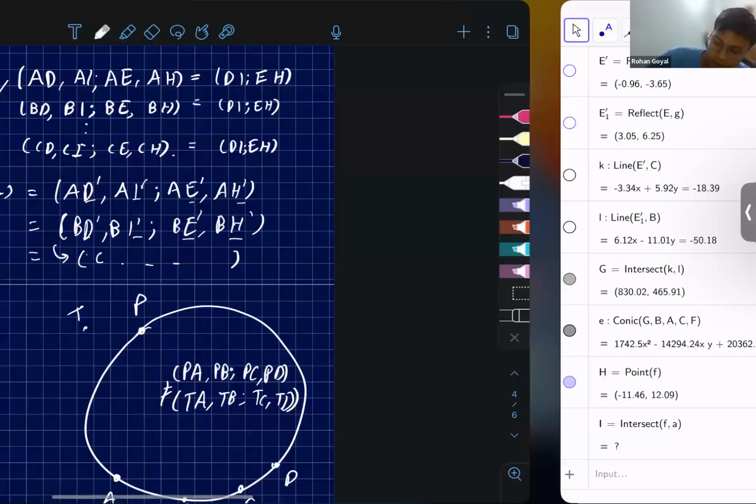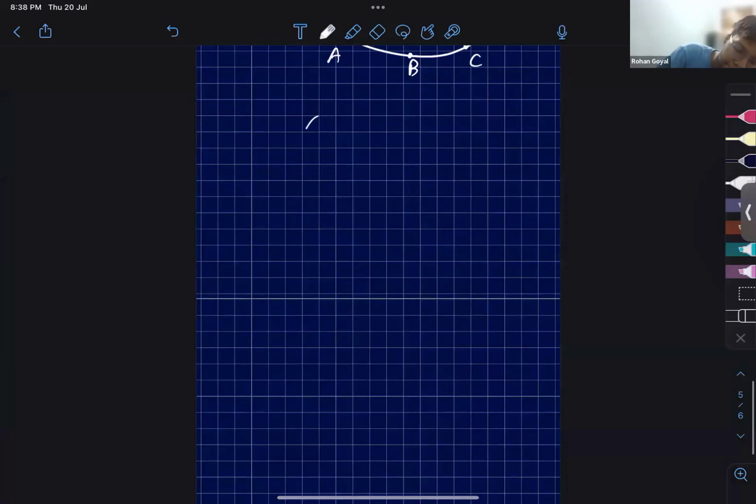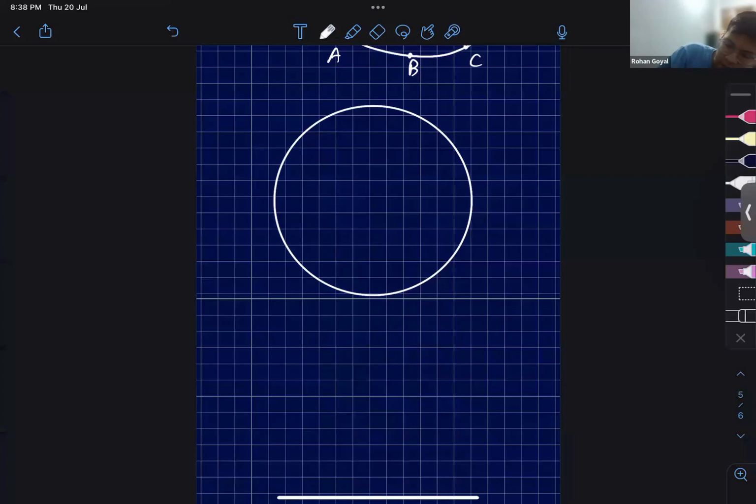Let's try to see. So say you obviously have A, B, and C, right? And you have some point P here.